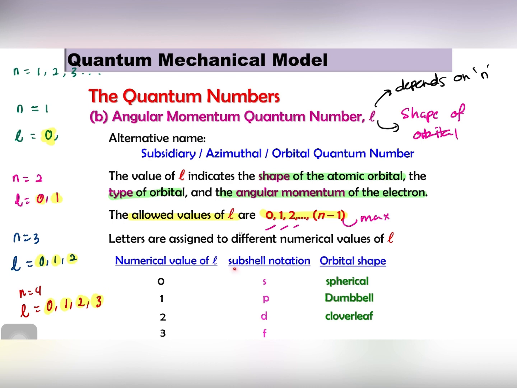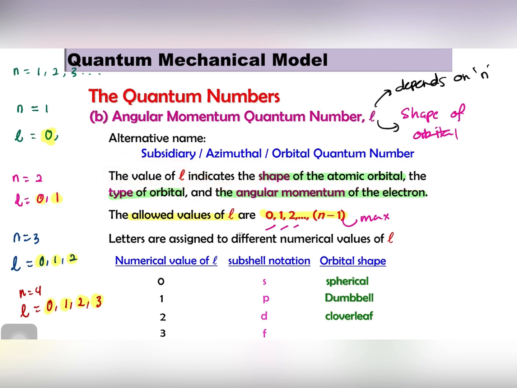This subshell notation is S, P, D, F. So these are the orbitals: S orbital, P orbital, D orbital and also F orbital. And each orbital has a certain shape. As we went through just now, the value of L indicates the shape of the atomic orbital.